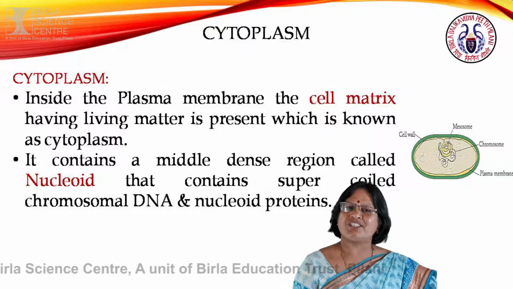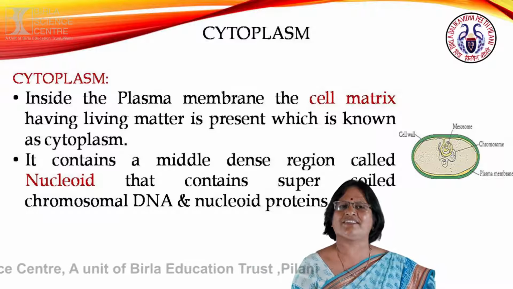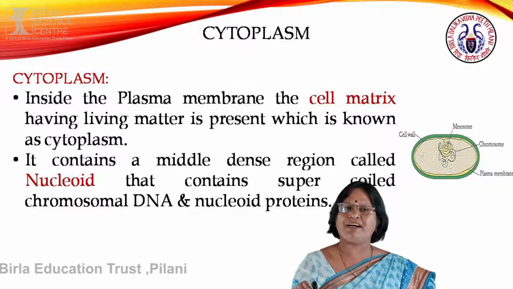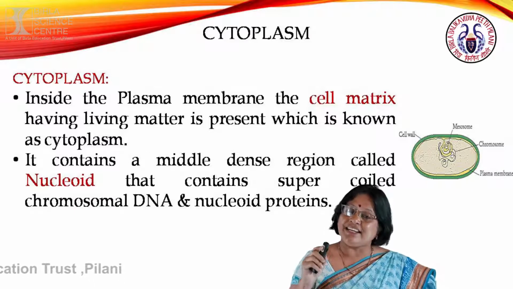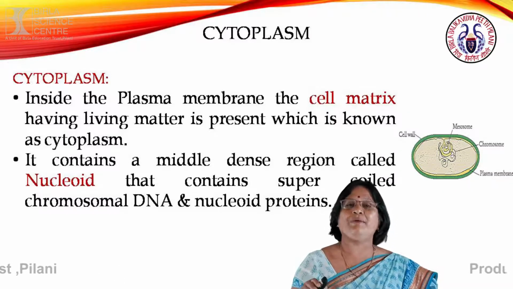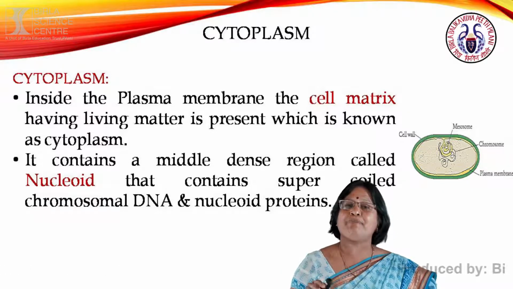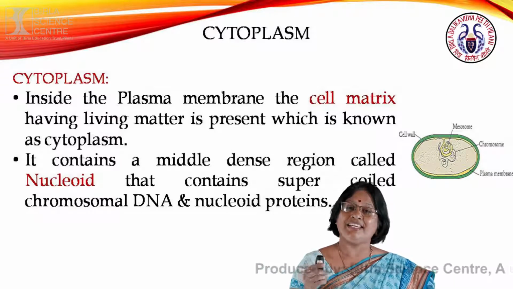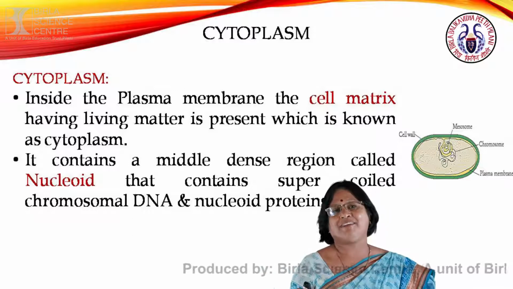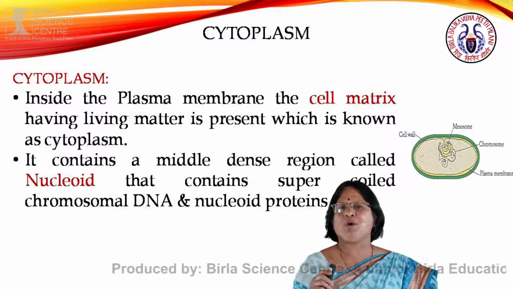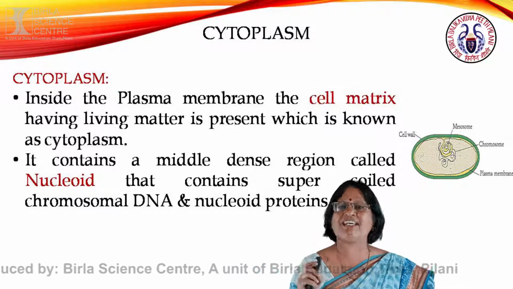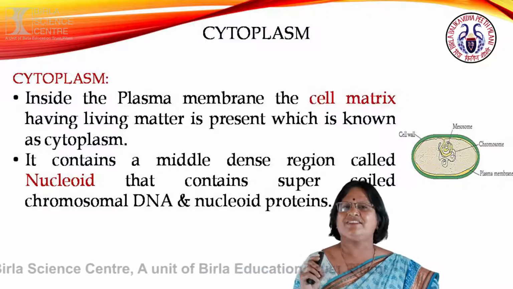Cytoplasm is a jelly, the matrix which is present, limited by the plasma membrane. It is the living matter which is responsible for all the metabolic activities happening inside the bacterial cell. This cytoplasm of the bacterial cell has a specific region in the center.